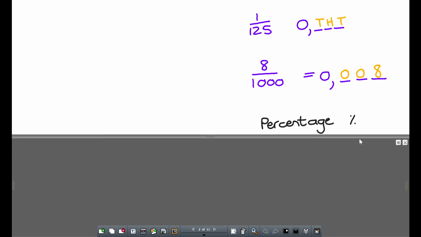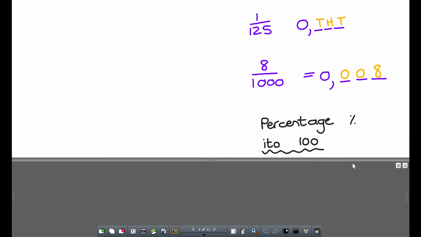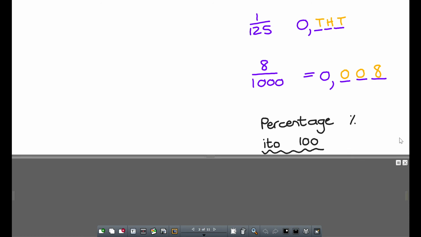Okay. Now, when we want to change a fraction into percentage form, if I say the word percentage, we always see percentage in terms of something over 100. So it's always in terms of 100.